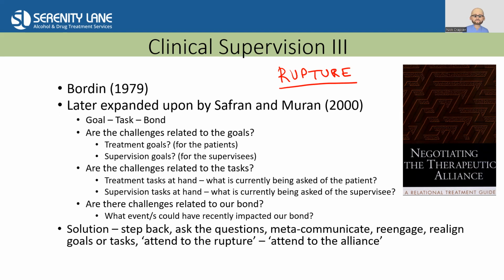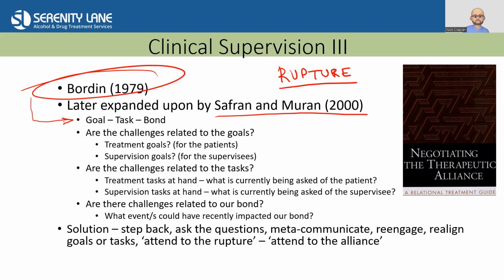It's actually a word that Safran and Muran used in 2000, but they just expanded on the work of Bordin from 1979. And Bordin was actually the one that came up with these three: goal, task, bond. And he hypothesized that everything in a session was related to goal, task, or bond. And Safran and Muran used the same for supervision. Everything was related to goal, task, or bond.